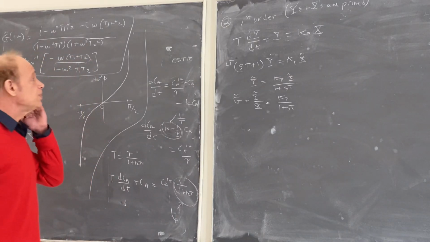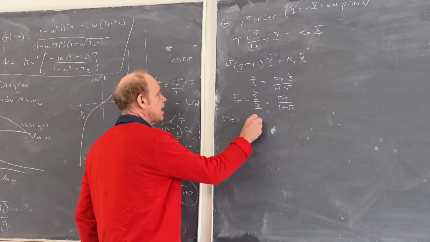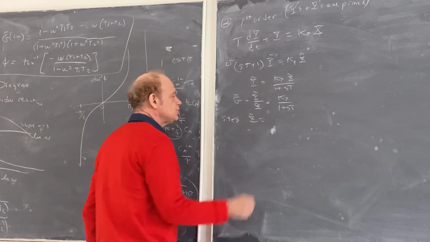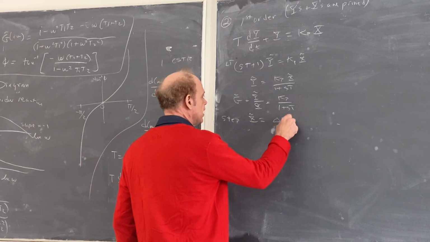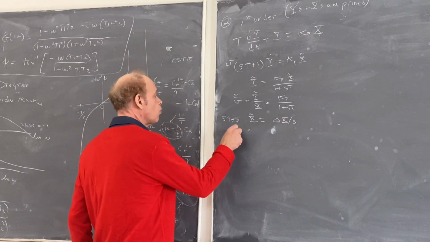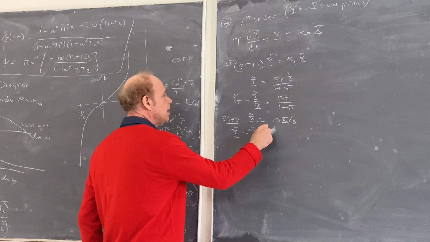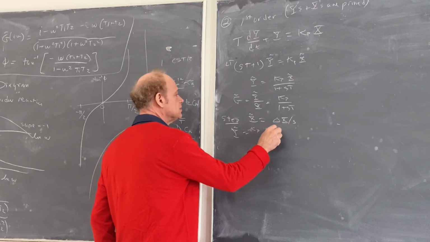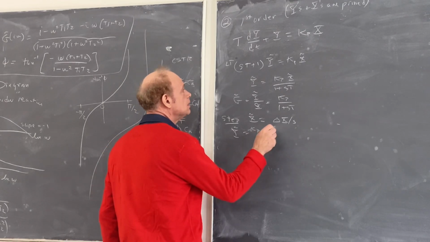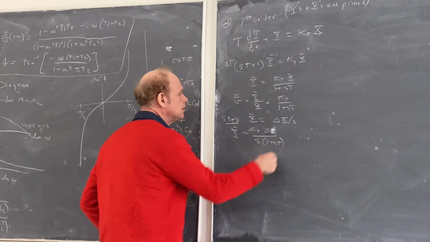And of course, if I do an inversion, so if I have a step, then x tilde is just equal to delta x over s. In that case, I have y tilde equal to Kp delta x over s times 1 plus sτ.